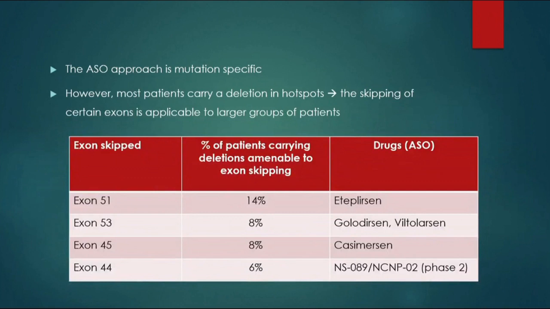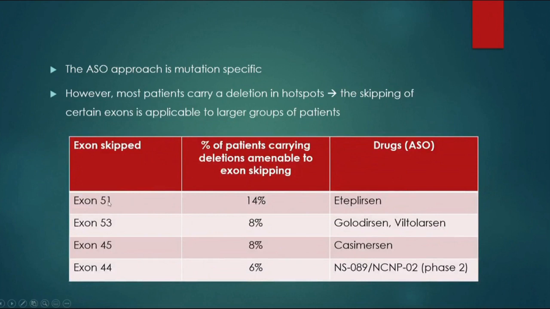The ASO, or antisense oligonucleotide approach, is mutation specific, as we saw. However, as we already saw earlier, most of the patients carry deletions in hotspots, so certain drugs can be beneficial for many of these patients. And it has been noted that exon 51 skipping can help 14% of patients.